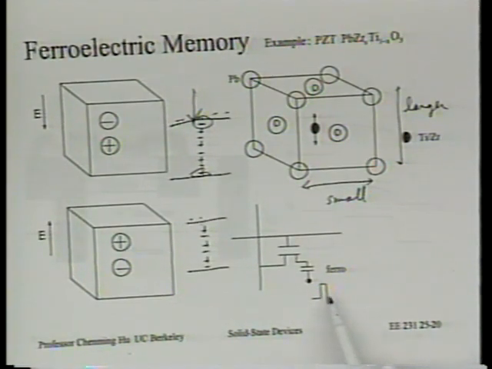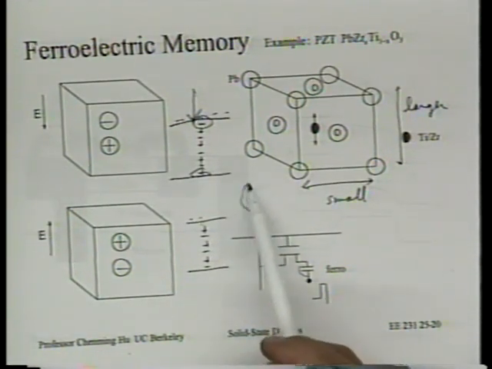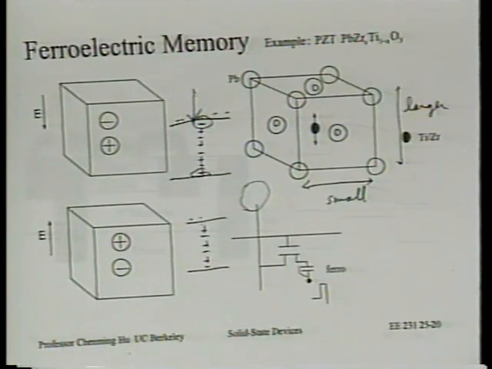Whatever charging current flows through this capacitor, and the amount of charging current that flows through it depends on the stored polarity. Remember? So it could be either a large pulse of current flows through it or a small pulse of current through it. But whichever of the two it is, the same current pulse will charge up this bit line, right? So we just sense whether we get a higher voltage or lower voltage.